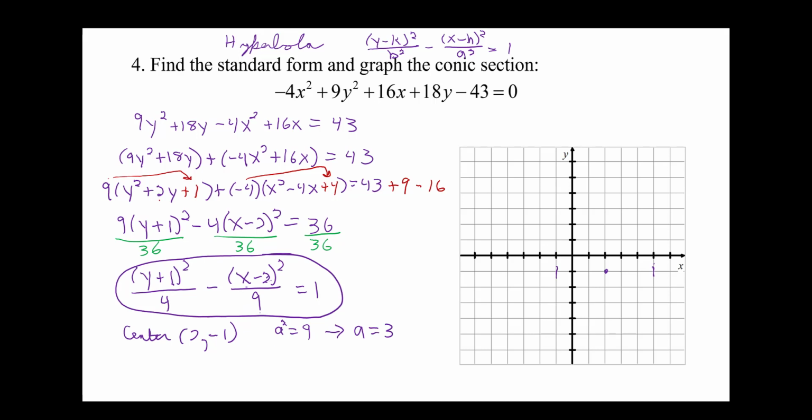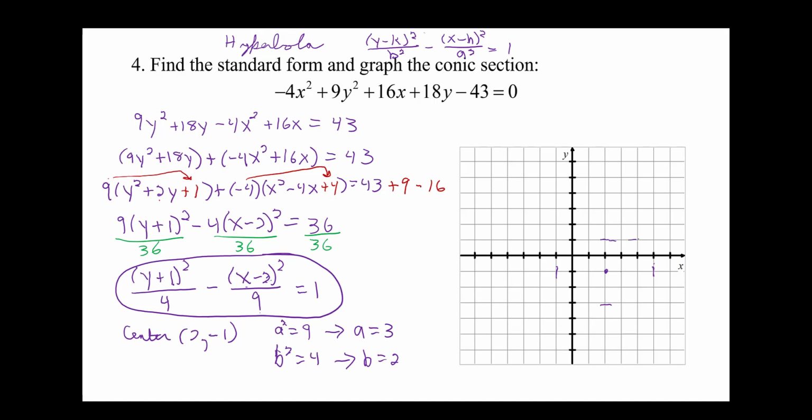Well, we can see that b squared is underneath the (y minus k) squared. So here b squared is going to equal 4. That tells me that b equals 2. Okay, so if b equals 2, from the center we're going to go up 2 and down 2.